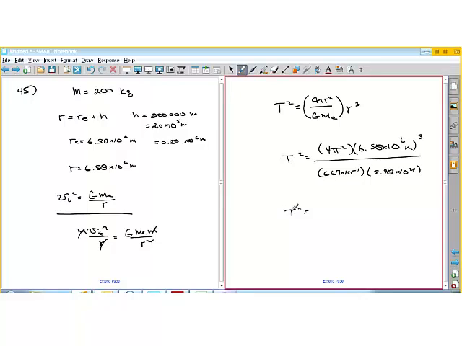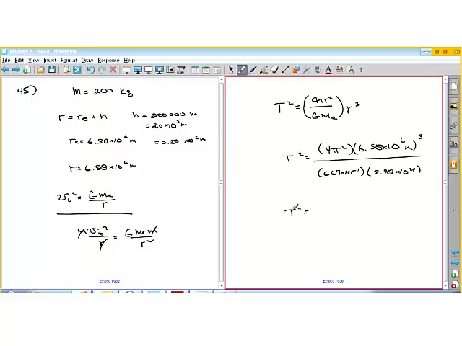4 times pi squared times 6.58 e to the 6th. That whole thing I've got cubed, so I have to insert a parenthesis here.